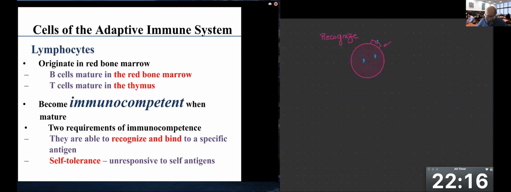And those receptors are called the major histocompatibility protein, or MHC. So I need first to recognize MHC, because this is where the non-self antigens are going to be presented along with some self antigens. I need to be able to recognize: this is mine.